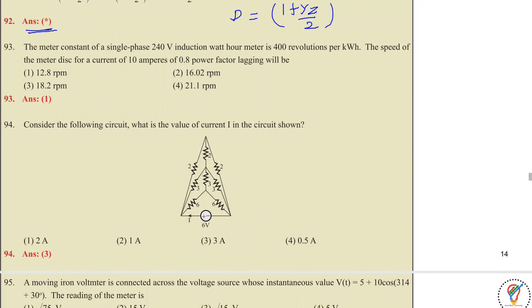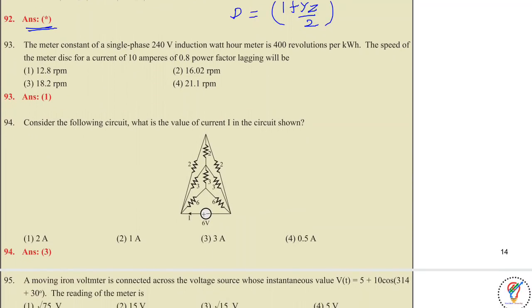And the next question: the meter constant of a single phase 240 volts induction watt hour meter is 400 revolutions per kilowatt hour. The speed of the disc for a current of 10 amperes at 0.8 power factor lagging will be.